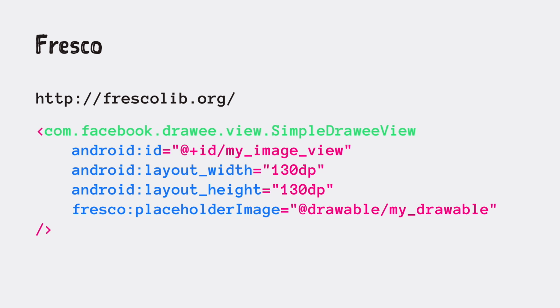Instead of using ImageView in your app, you'll need to use something called Drawees. So you just have to be aware that it will sort of kidnap your view tree.